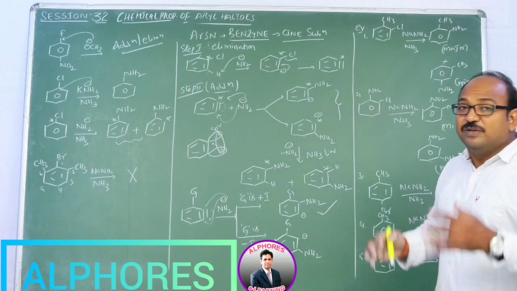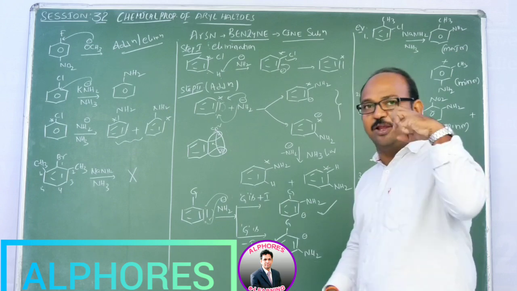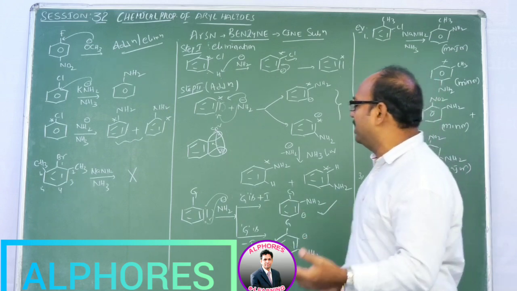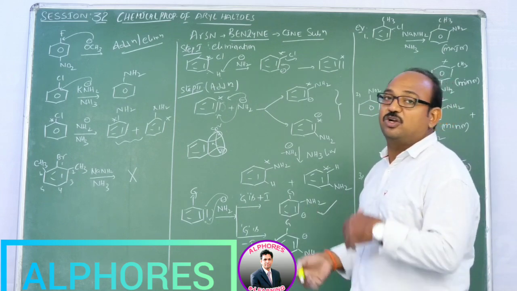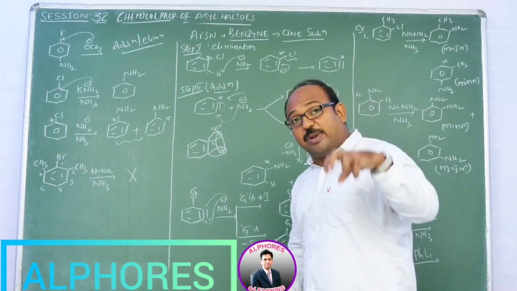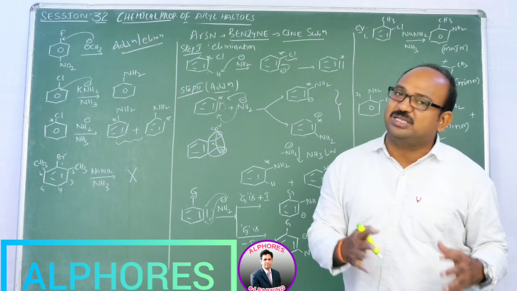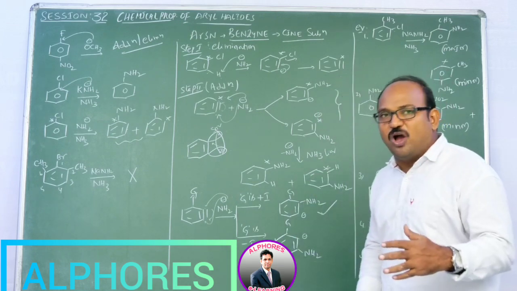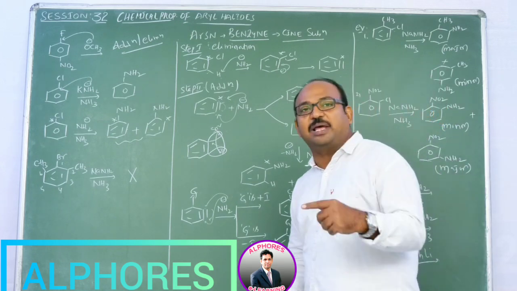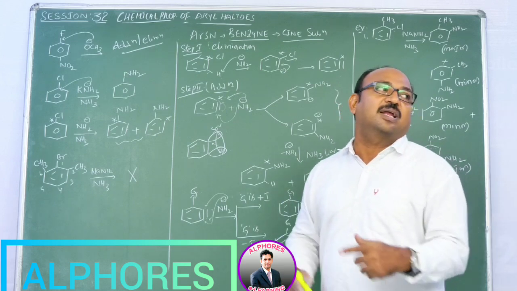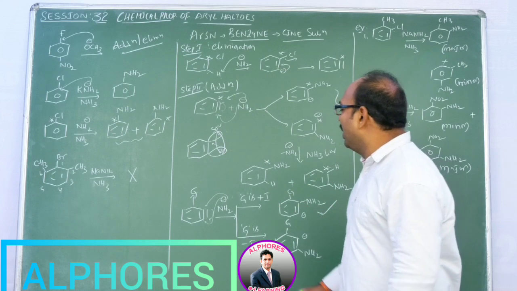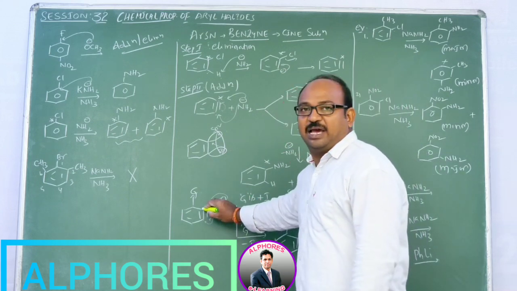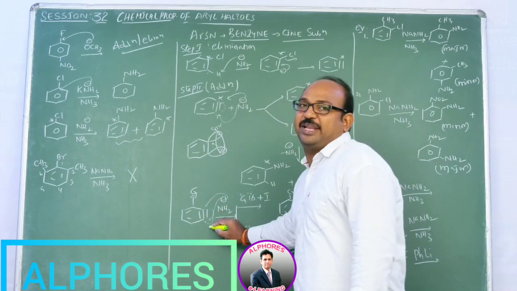Instead of that, if G is an electron withdrawing group, an electron pulling group, in such a case, since it pulls electrons towards itself, it can stabilize any carbanion formed in the ortho and para positions. At the same time, it cannot influence the negative charge which appears in the meta position. That means if NH2 attacks here, then these electrons will be shifted here, giving the negative charge.